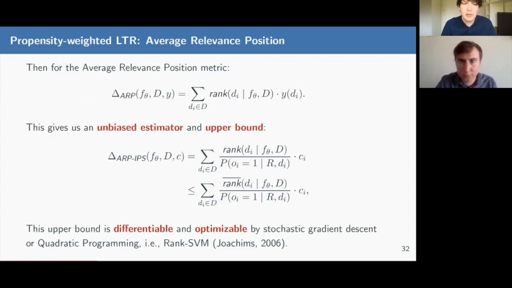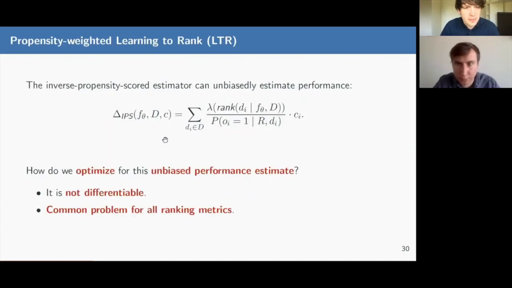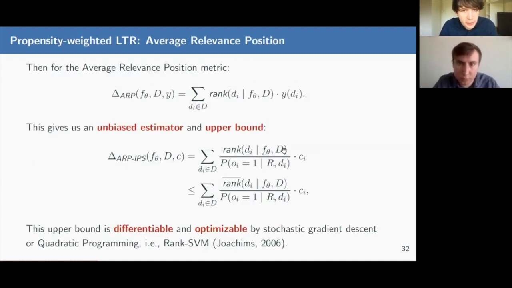So we immediately have an upper bound on an IPS estimator for this specific metric, right? So instead of using the lambda function here, we plug in the ARP function, which is just the identity. So we just get the rank here. So this is going to estimate the ARP metric based on clicks, as Rolf discussed before.